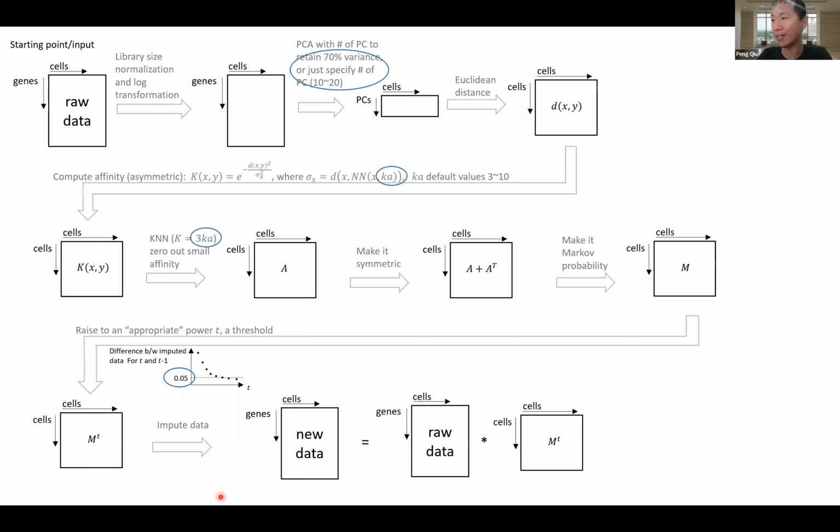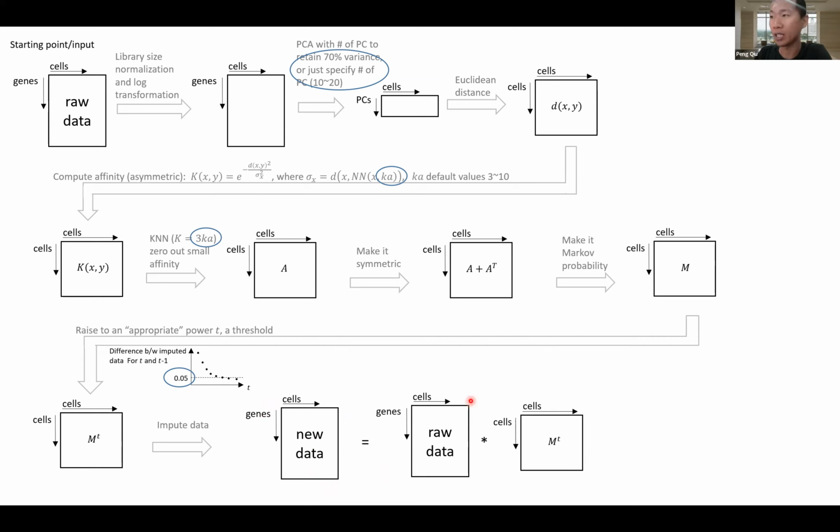Then we just multiply the original sparse data by this M^t matrix, so that each imputed cell in the new data is a weighted linear combination of itself plus its t-step neighbors. And that's how imputation is done.